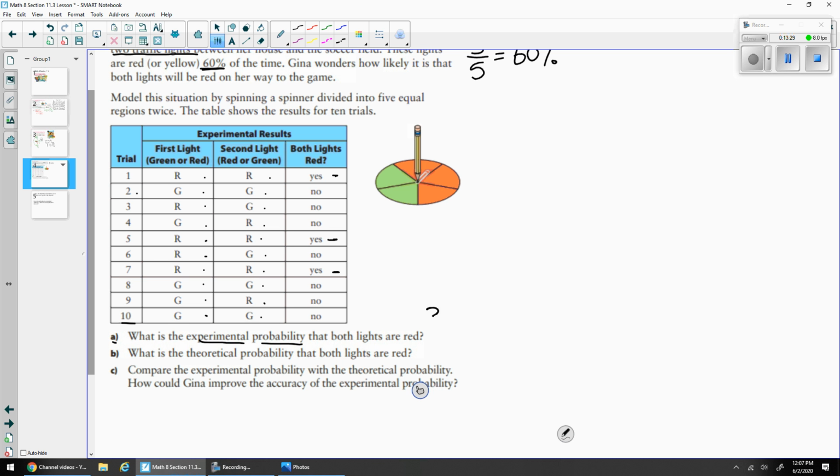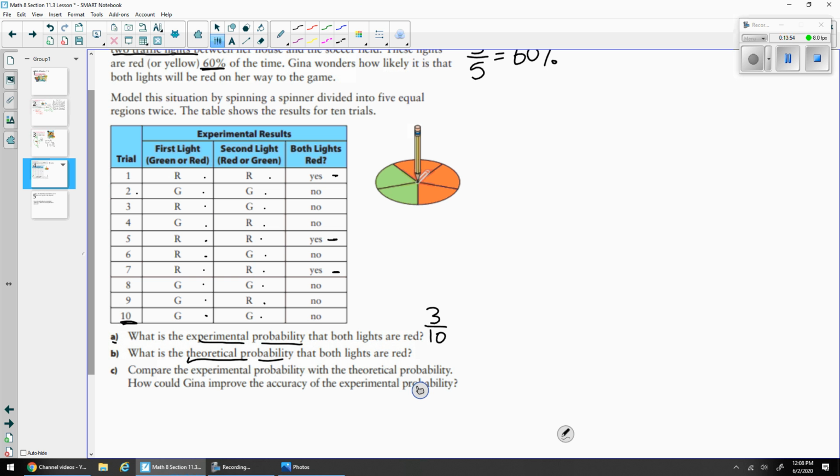There's a 3 out of 10 experimental probability that both are red, because in her experiment, when she tested this using her spinner, 3 out of the 10 times both lights were red.